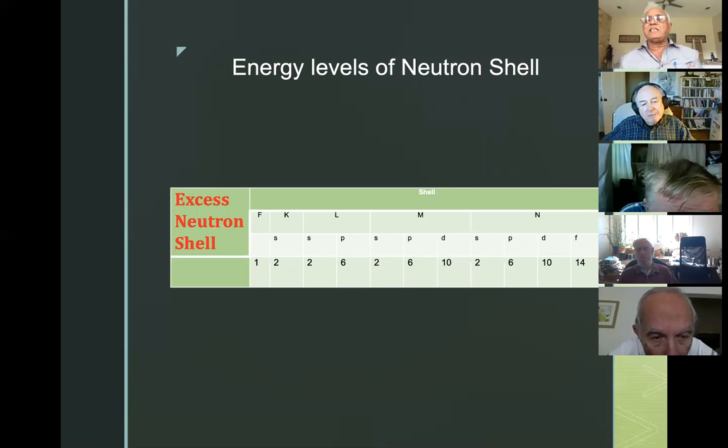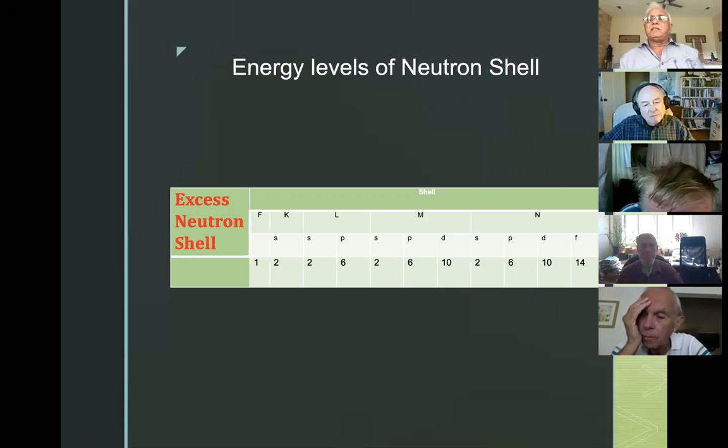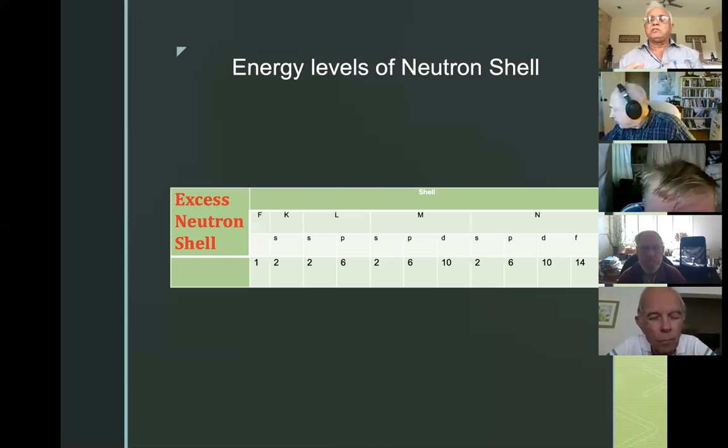If you have any excess neutron, then the first neutron will go there, where excess is the total number of neutrons in the system minus its element number Z. That many excess neutrons are needed for us to make that system stable.